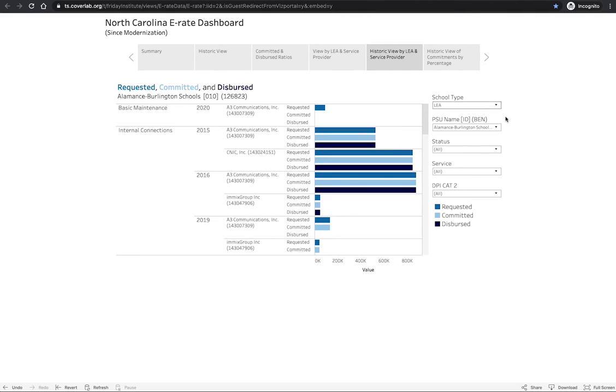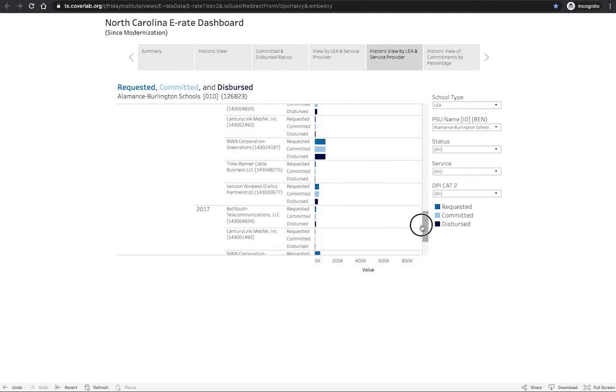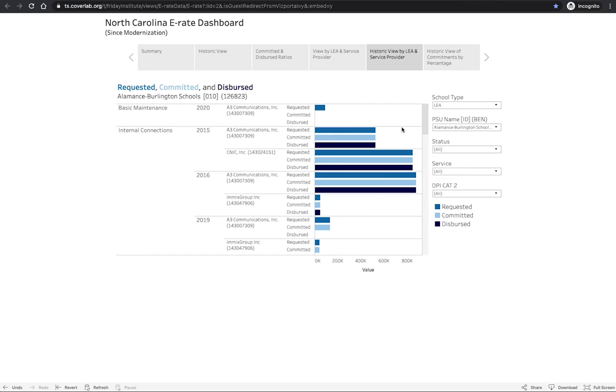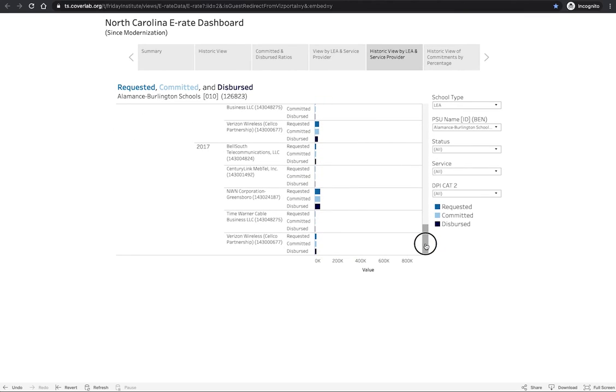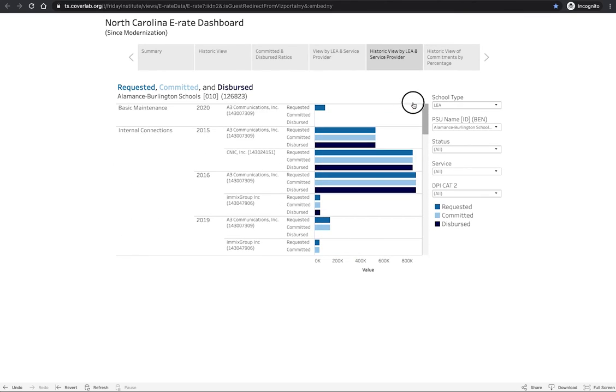On this chart, you would pick a school district and then see historically how much they requested, were committed, and dispersed, by year and by vendor and by service type. This is really a cool way to see all the data.